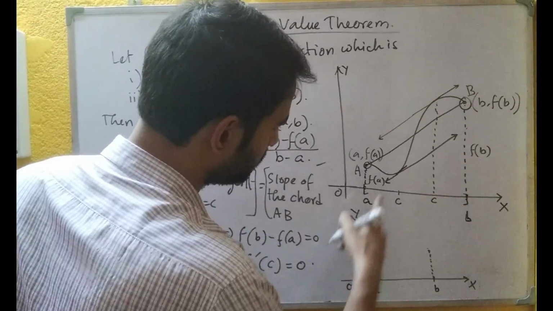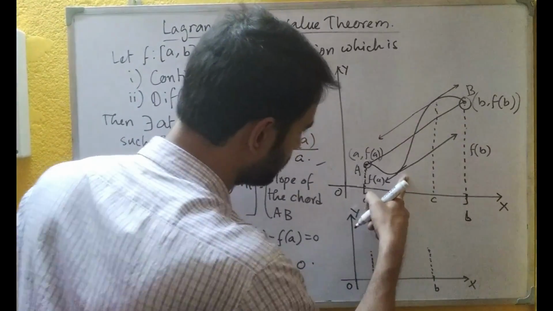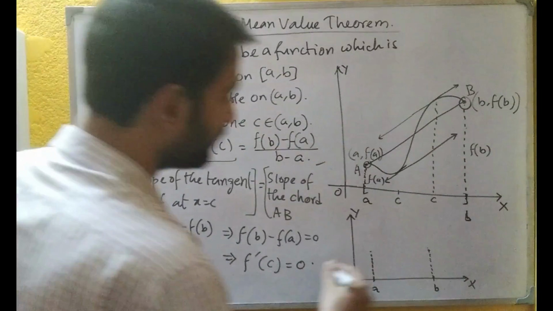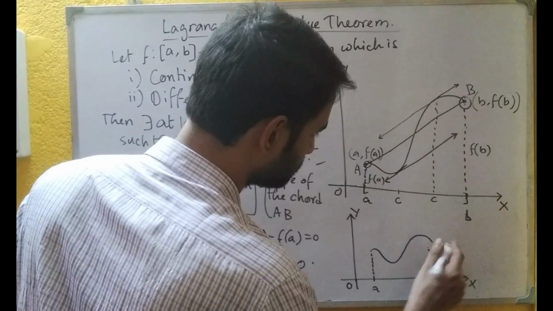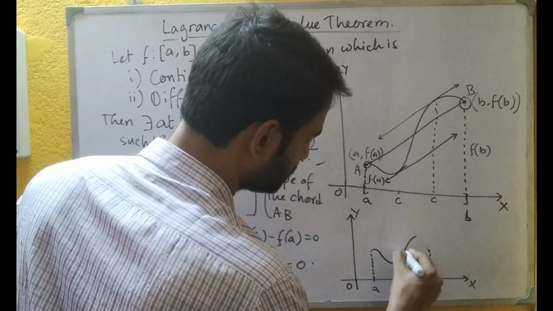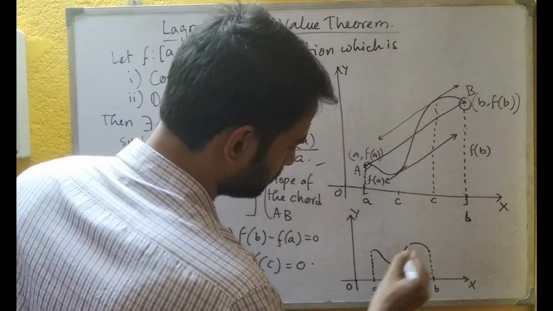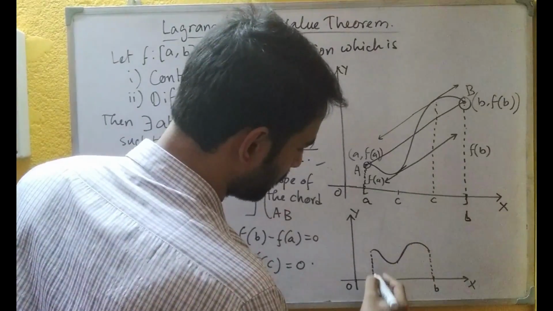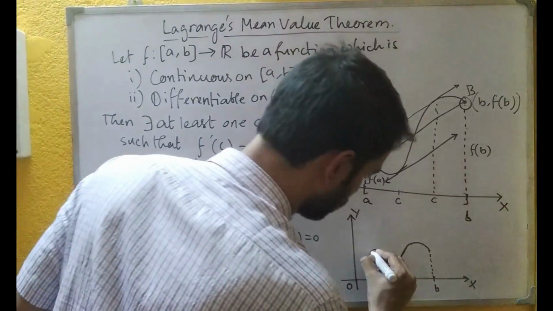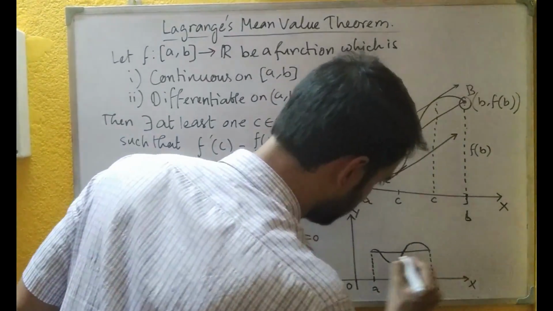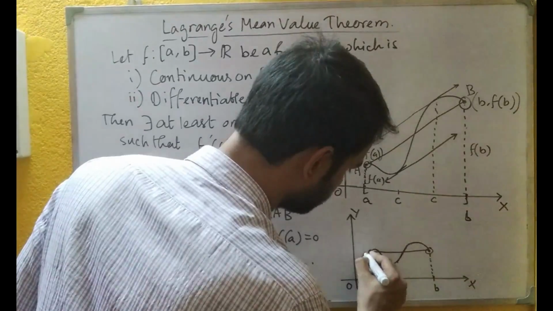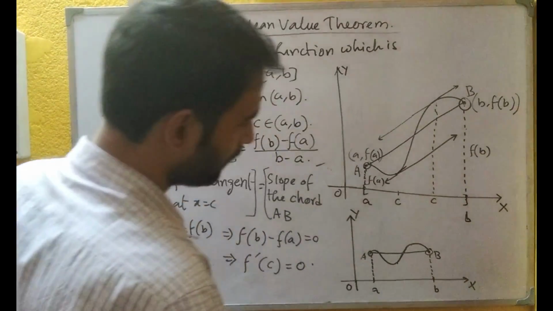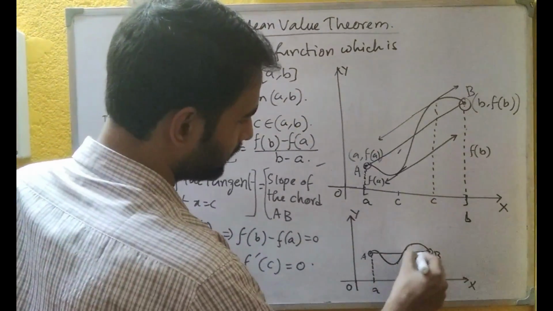See, if this function is changed using this condition f(a) equals f(b), you will see the function will look something like this. That is, the chord AB is now becoming parallel to the x-axis. This chord, here it is like this.